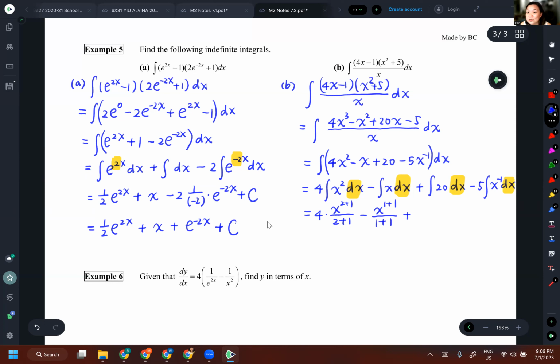Now this one is to use formula A. Formula A. The last one is to use formula C. Log x. And then you simplify.